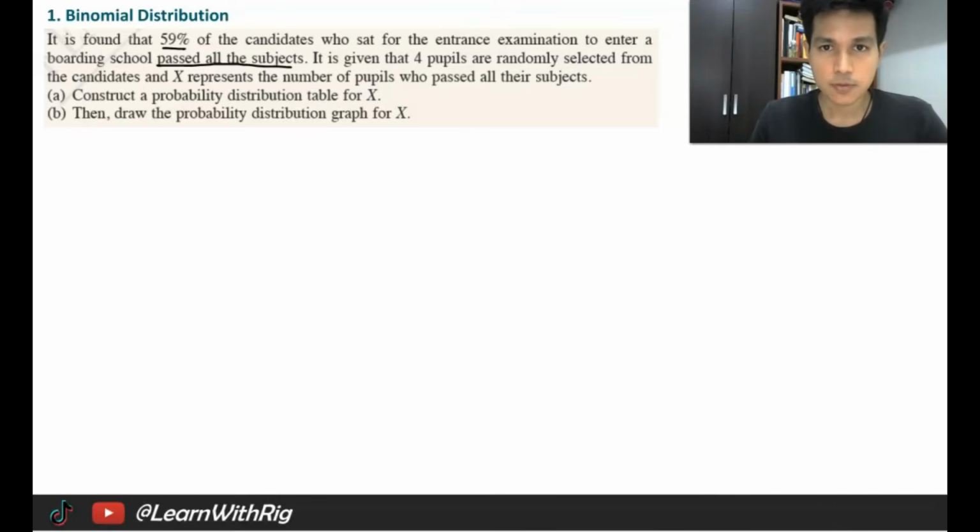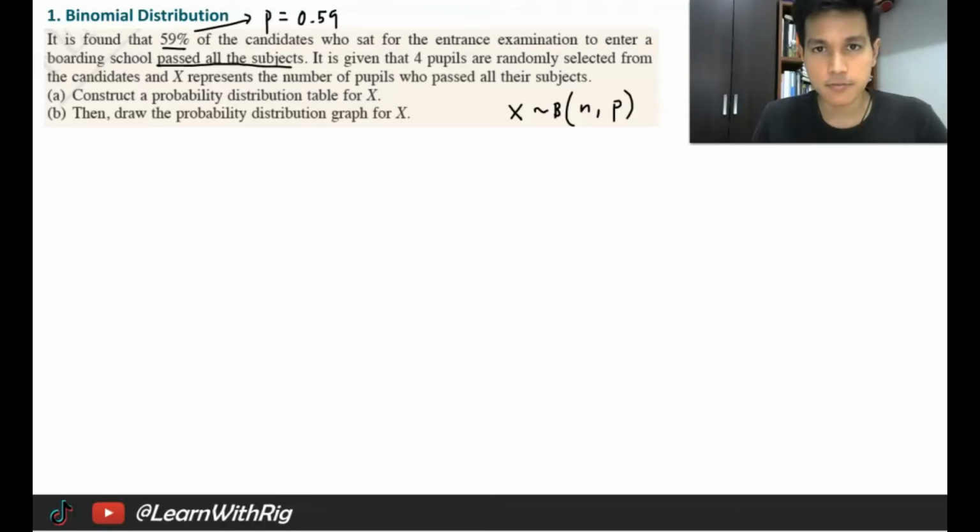Like I said, for binomial, what do you need? You need n, you need p, and you also need the r value. In this case, the probability you know is 59%, so p equals 0.59. That's the probability of students who pass all the subjects.